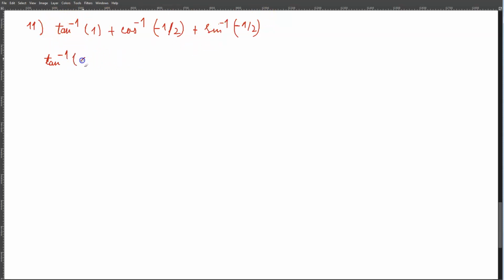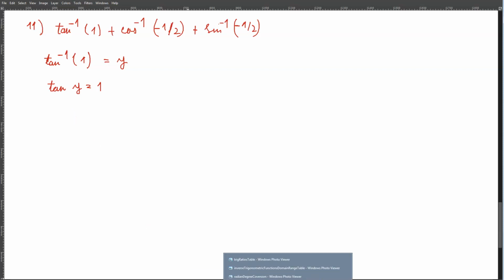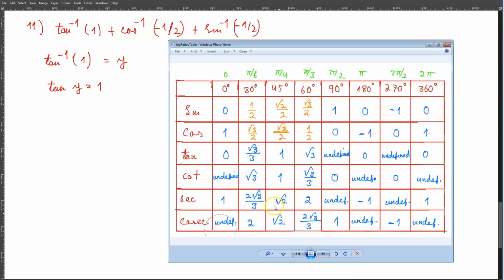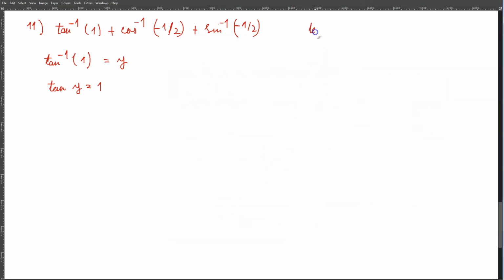If I take tan inverse of 1 as y, then tan of y is equal to 1. If you take a look at the table of values, tan of 45 degrees is equal to 1. Tan of pi by 4 is equal to 1.